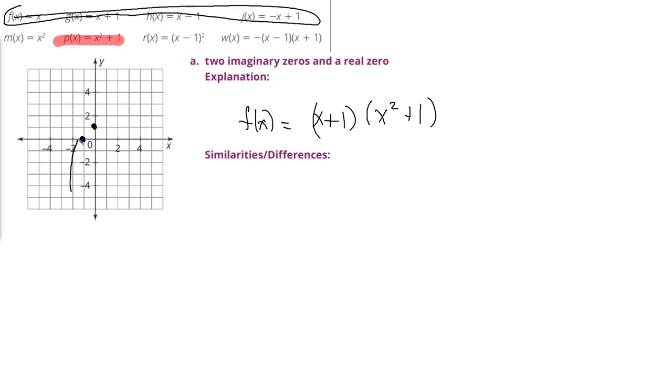So that means my graph is going to kind of curve up here, flatten out, and curve back out. So we're all going to have a vertical shift of 1. And then we're all going to have just one x-intercept.